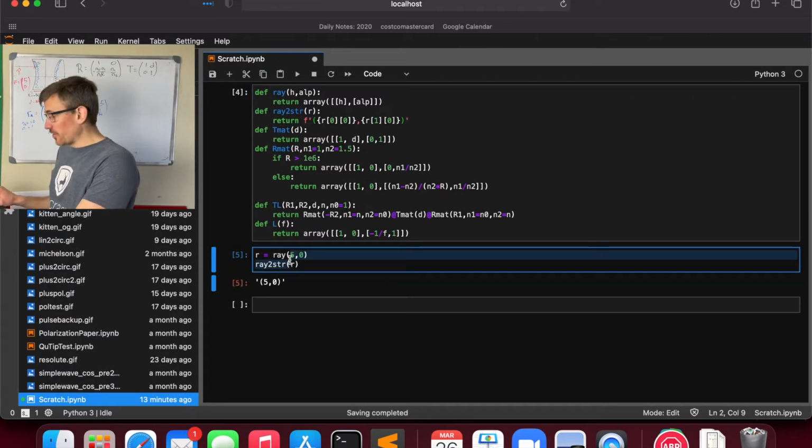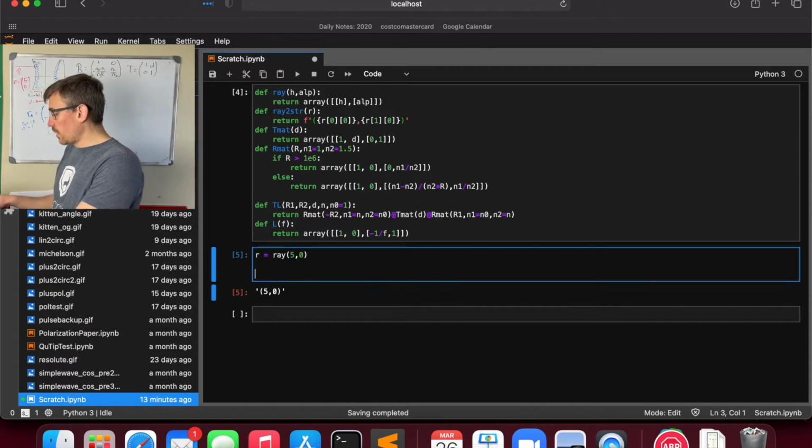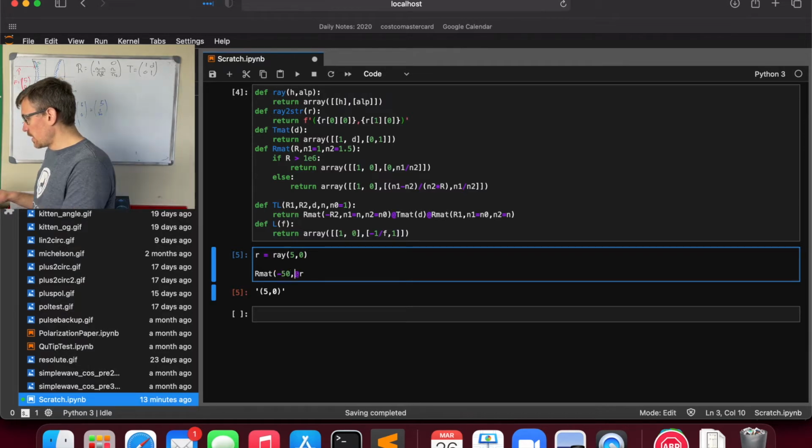So after the matrix, we're going to go R times, this is the Python way of writing a matrix. It's going to be a refraction matrix, RMAT, with radius of curvature of -50, and 1 is equal to 1, and 2 is equal to 1.5 by default. So that's basically all we need.